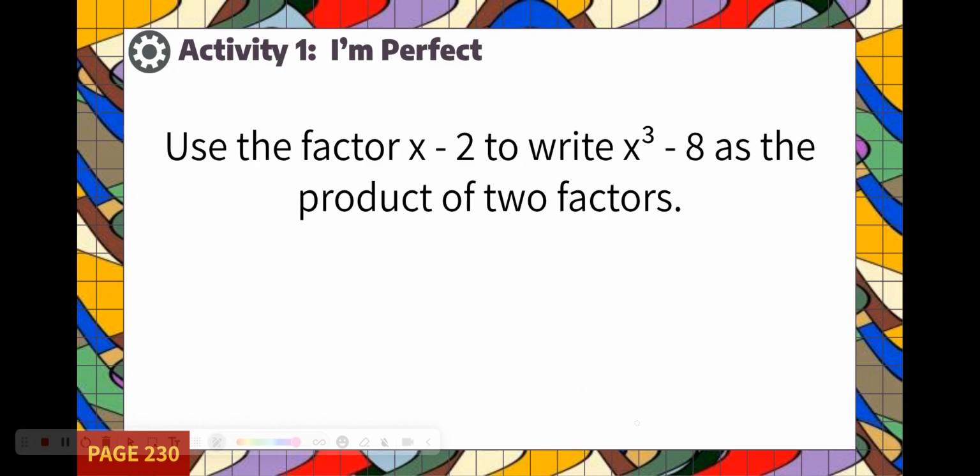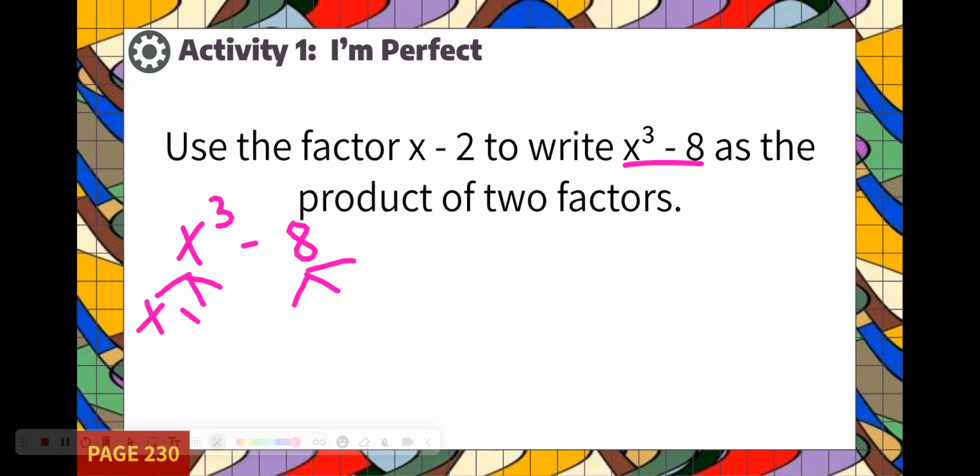Now, activity 1. It's on page 230. It says, use the factor x minus 2 to write x cubed minus 8 as the product of two factors. So, given the polynomial x cubed minus 8, I need to think of 3 factors for each of these terms that will make a product of x cubed and 8.